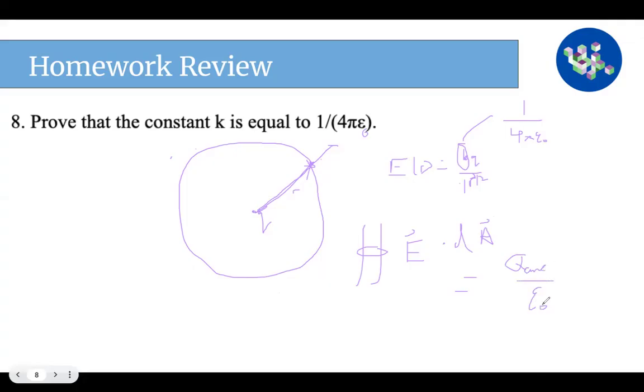And everywhere across the surface, your E is constant. It's always equal to kq over r squared. So since E is constant, I can pull it out of the integral.